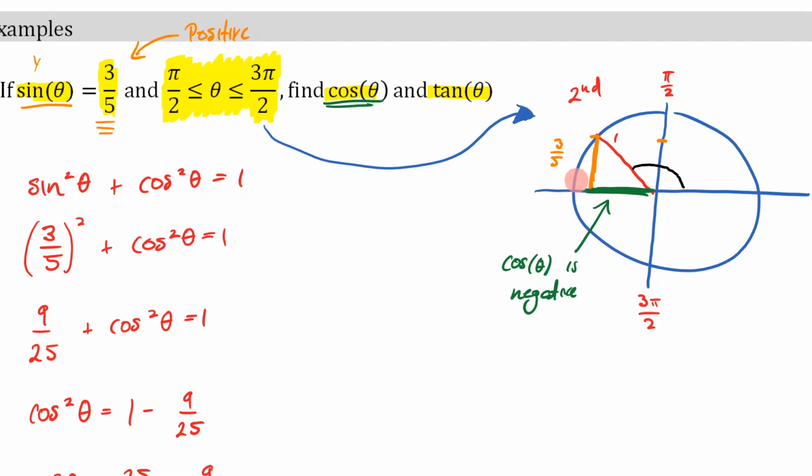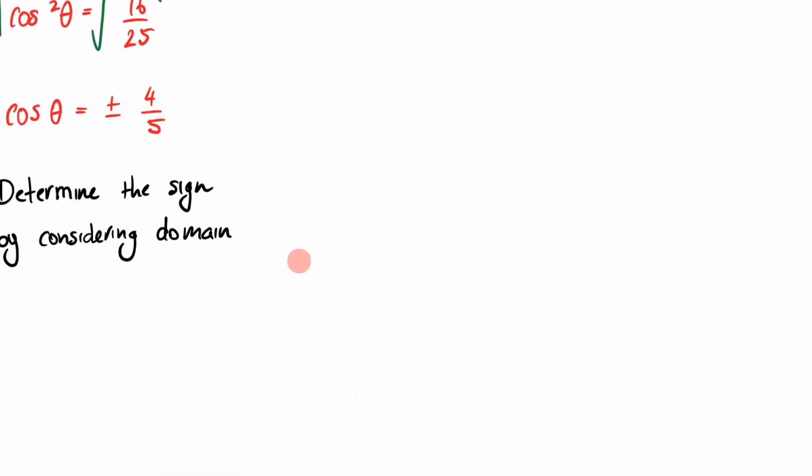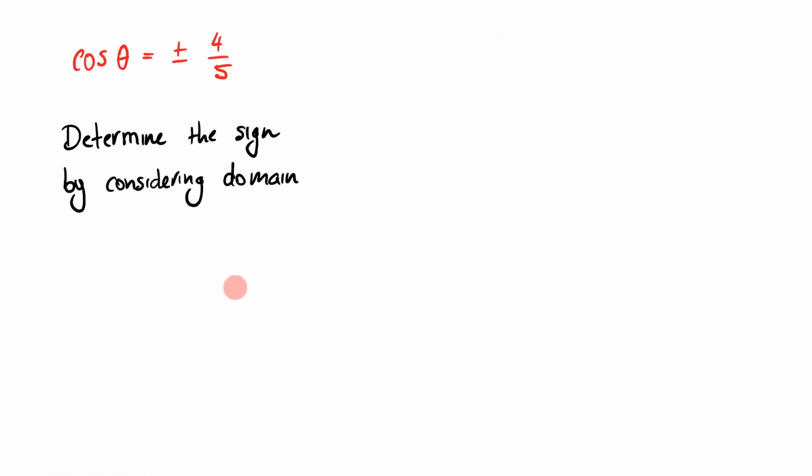But what we care about is cos of theta being negative. So that's the important part, realizing that cos of theta is going to be negative. That means we can now come down here and say, all right, cos of theta is negative 4 on 5. That's the important thing to realize there, and why you need to consider the domain.